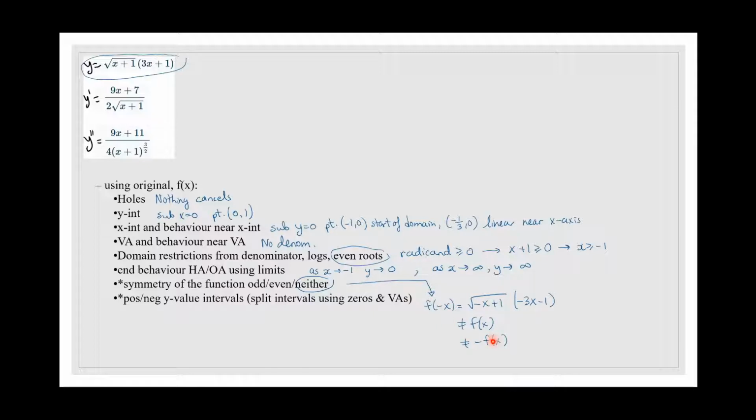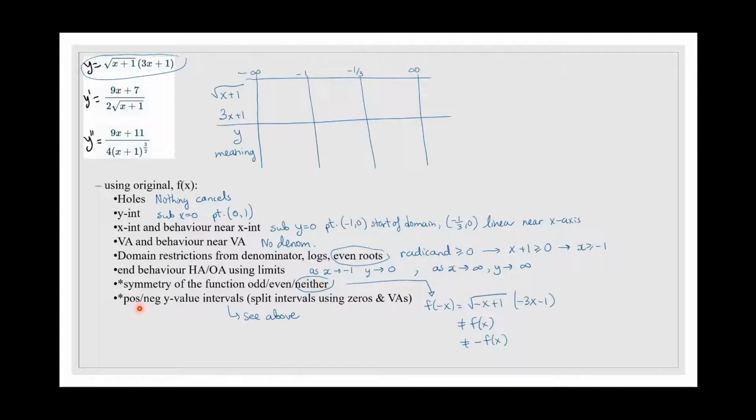And that doesn't happen here. If you plug in -x on the inputs, you'll notice that it's not the same thing as having the overall function being a negative. If this reflection in the y-axis was actually equal to the original, that would have been even symmetry, but we also see that that's not the case here. So this is neither.